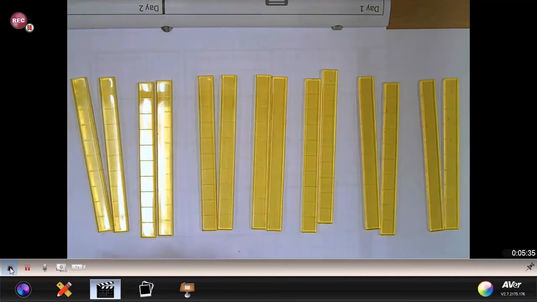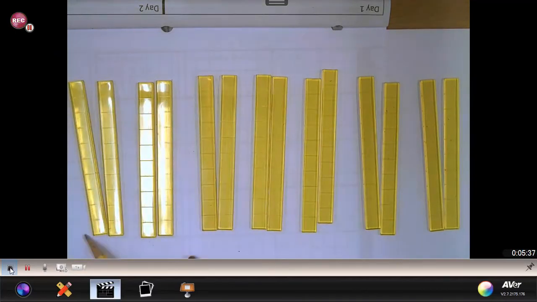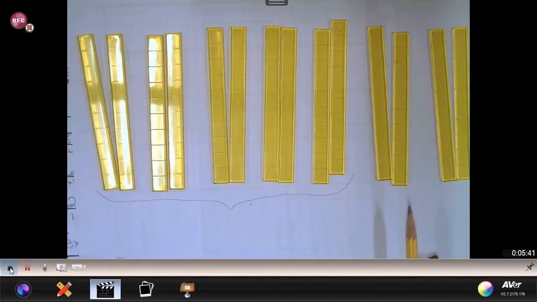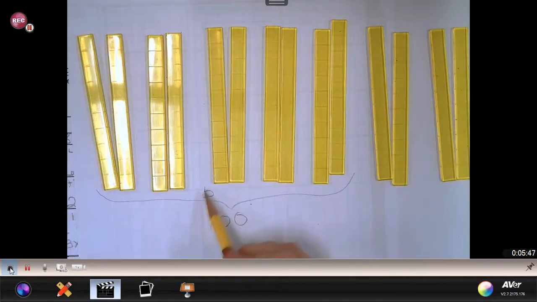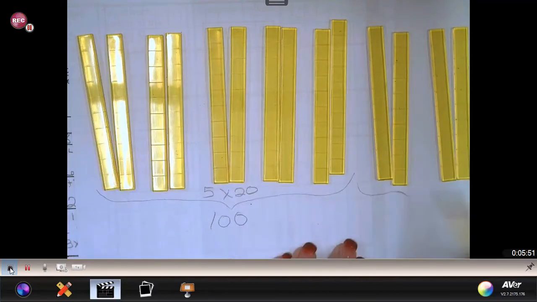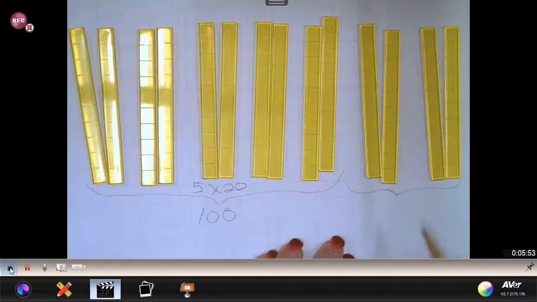Right here I have my 5 groups of 20. Those 5 groups of 20 are 100. And then I'm going to take another 2 groups of 20. Another 2 groups of 20 is going to give me 40.